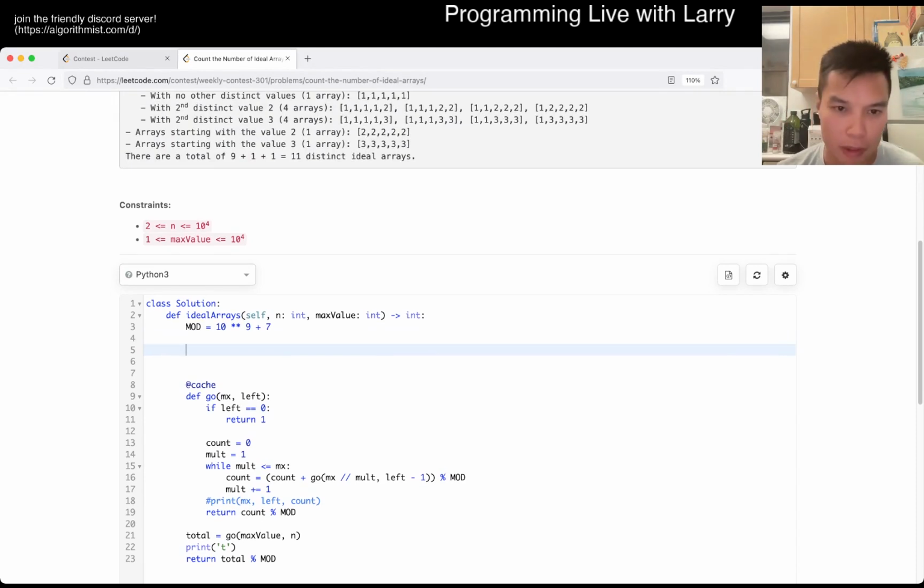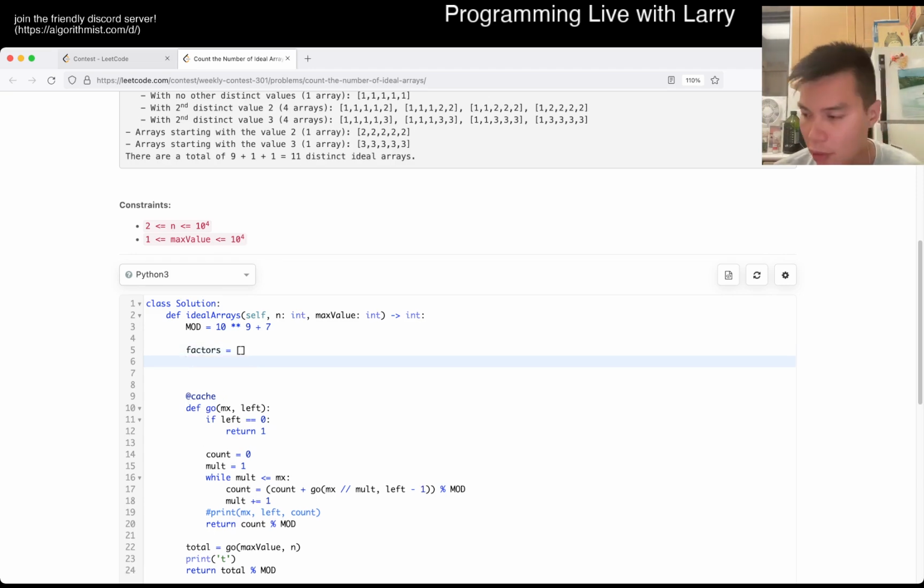Can we do it with our whatchamacallit? I feel like I've done this before, but I don't have it ready, so I guess we have to wait it out.